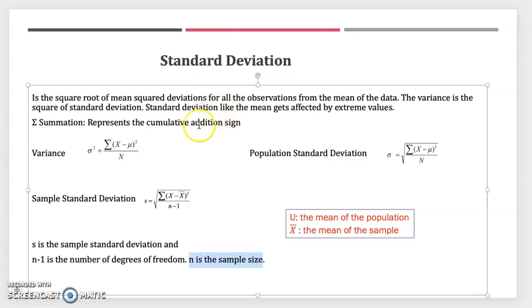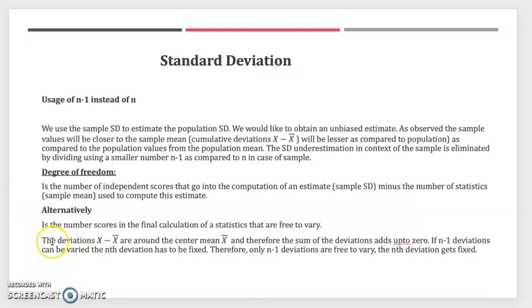That's the definition of the standard deviation. You can calculate by the definition either the population standard deviation or the sample standard deviation. You may wonder: when using the population standard deviation, we divide by the capital N, the number in the population.